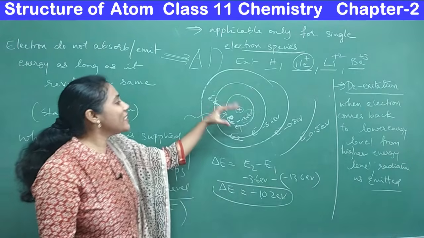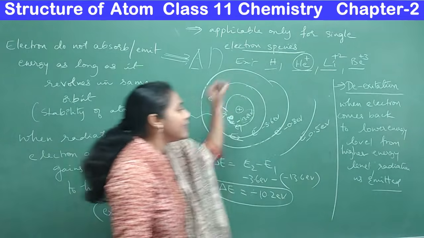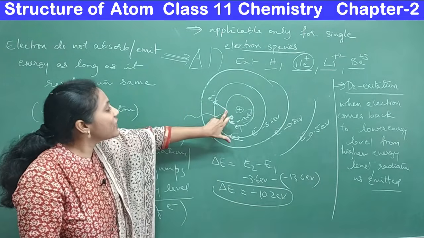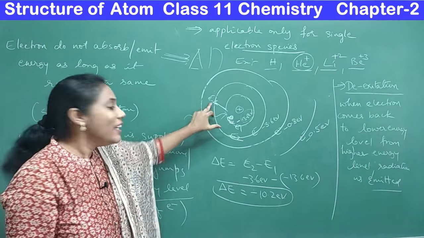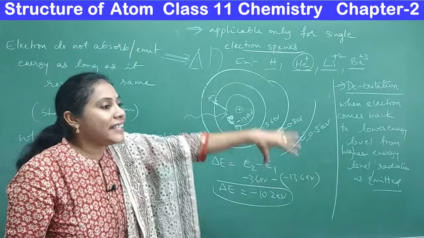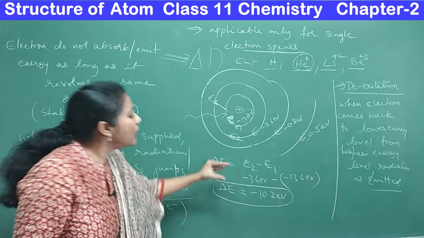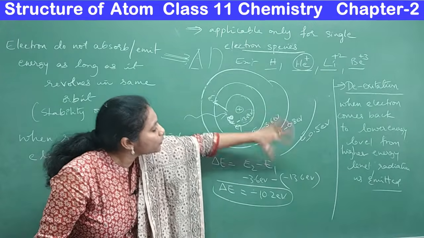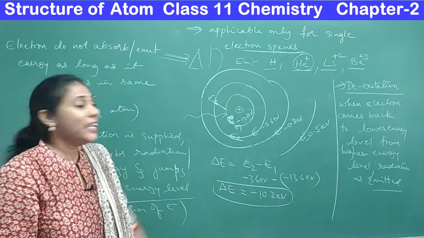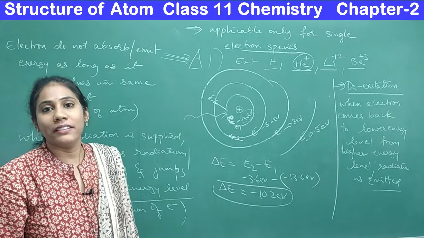How much energy it absorbs or emits depends on from which energy level to which energy level the electron is going. The emitted or absorbed radiation's energy is always equal to the difference between the energies of the two energy levels. This is the most important point to understand.